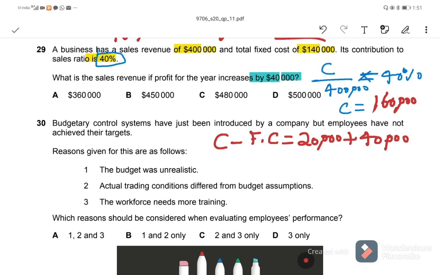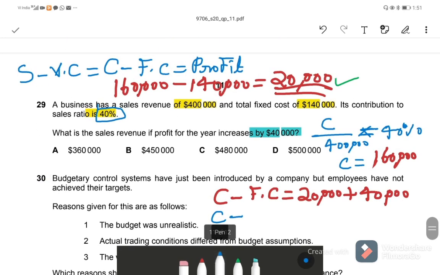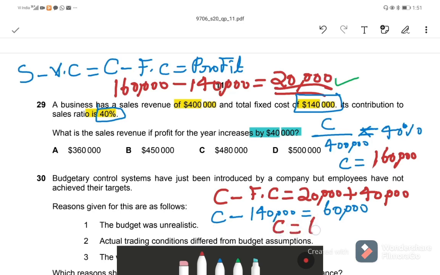The fixed cost is already given in the question: 140,000. So contribution minus 140,000 is equal to 60,000. So contribution is equal to 60,000 plus 140,000, which is 200,000.